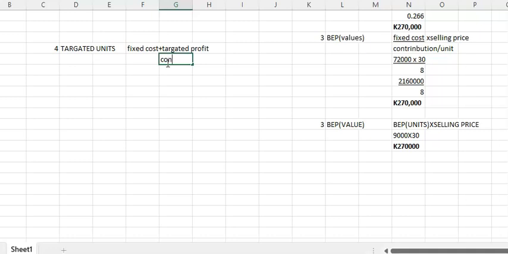We write our fixed cost, 72,000 given in the question, plus our targeted profit, 18,000 in the question, divided by contribution per unit, which is 8.